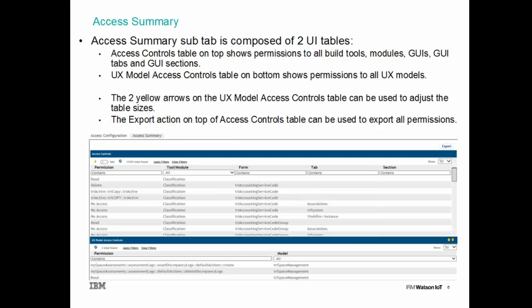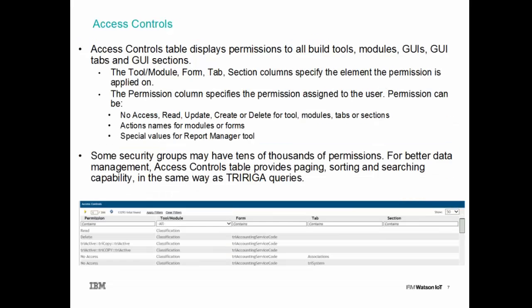So let's drill down into the two UI tables now. The top table is the Access Controls table. It just shows the regular permissions. It has 5 columns. The first column is the name of the permission, and the next 4 columns define what element the permission is on.